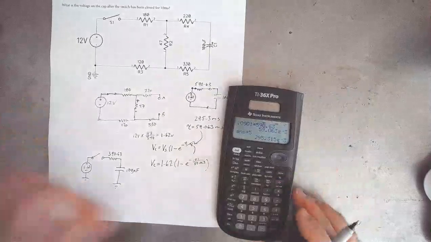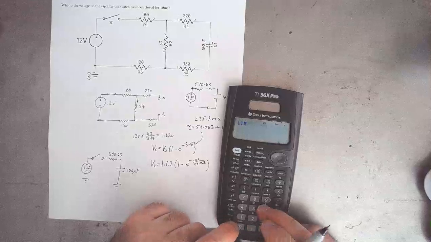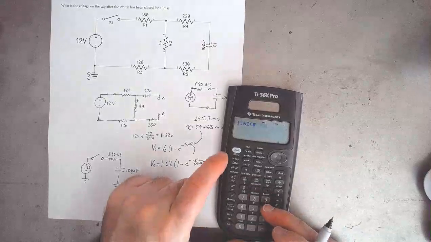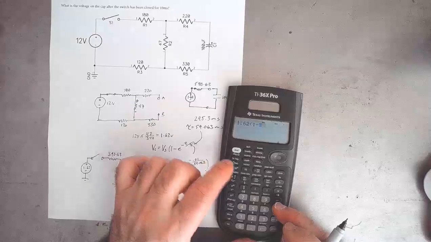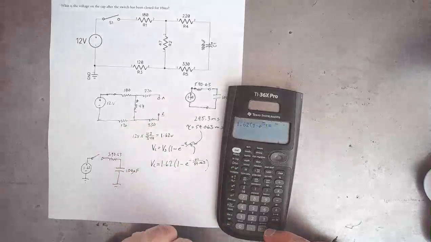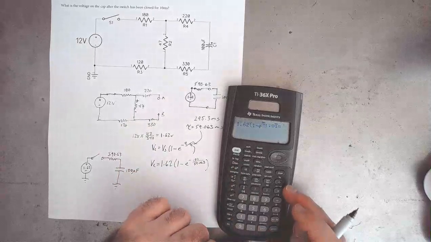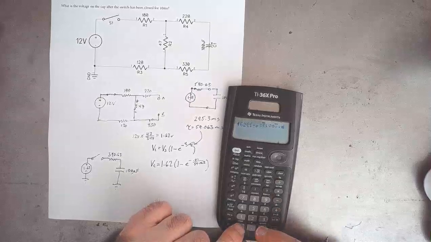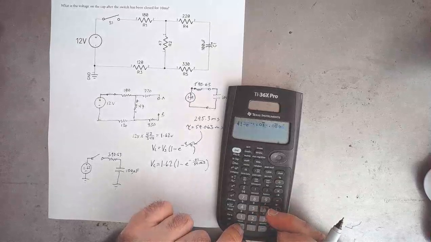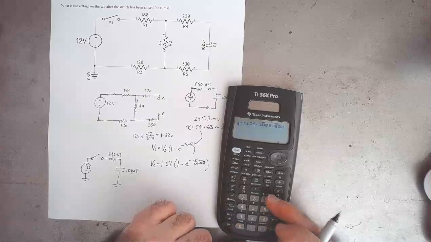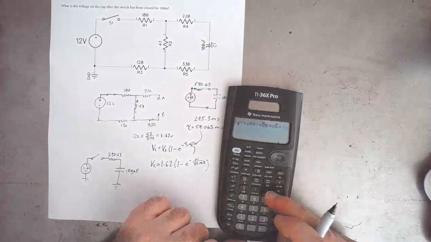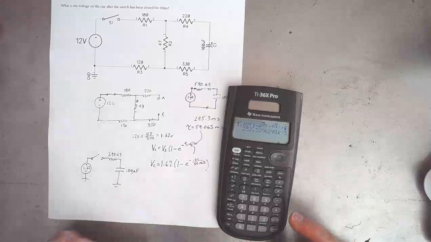So let's see. 1.62 times 1 minus e to the negative 0.01 divided by 0.059063. Close the parentheses.